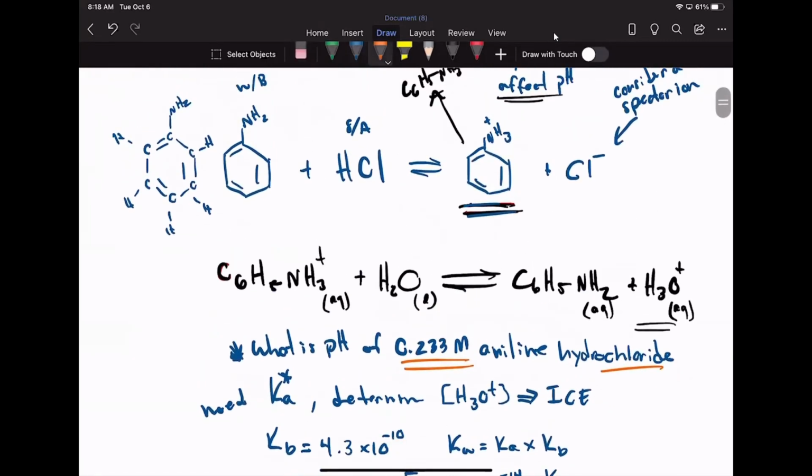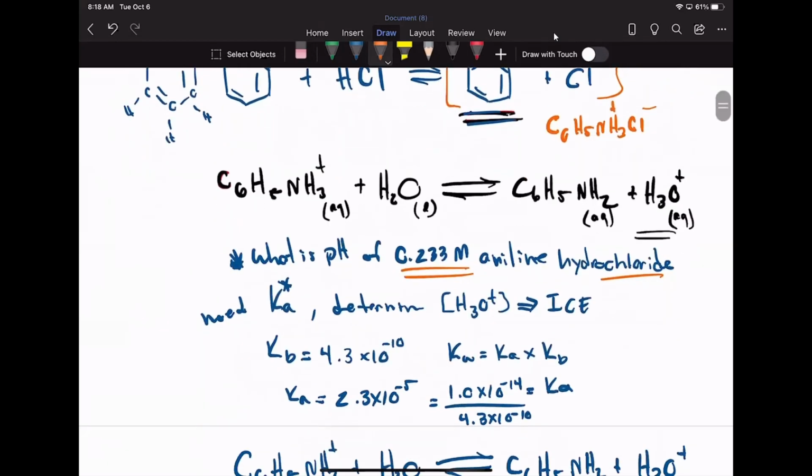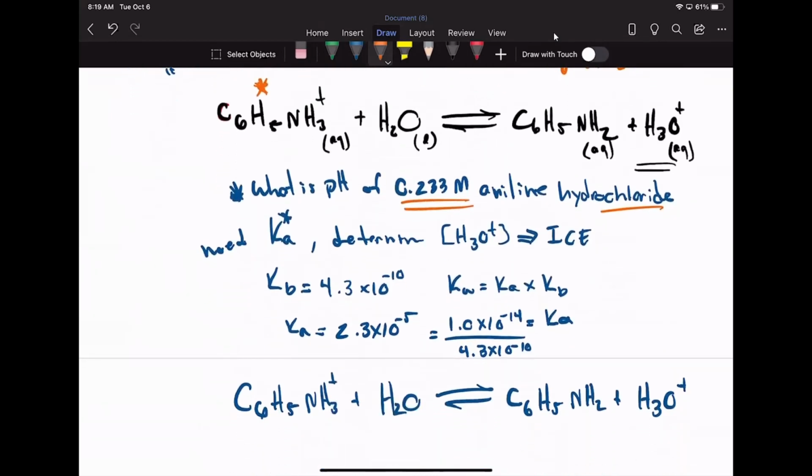Aniline hydrochloride would be C6H5NH3 plus Cl minus, a combination of the two. But the only thing I need here, because the chloride is just a spectator ion, is that information. So this is the initial concentration of aniline hydrochloride.